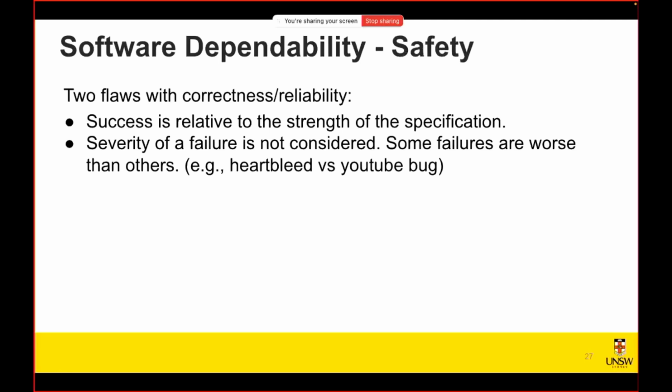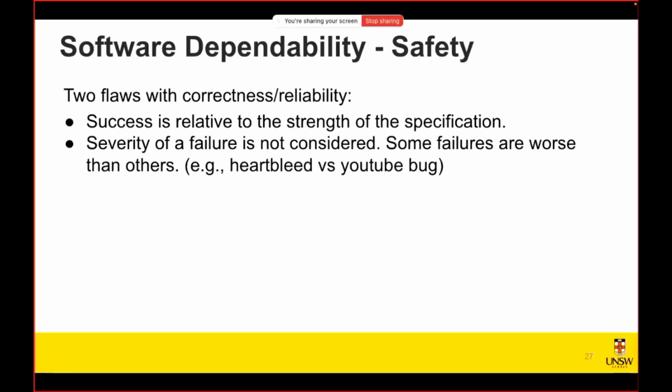And the third property is safety. Correctness and reliability themselves are not enough to describe whether software is dependable or not, and there are two flaws. The first one is that they are relative to the strength of the specification.